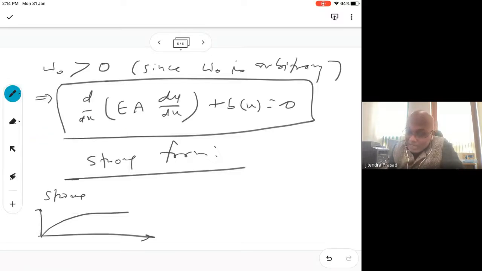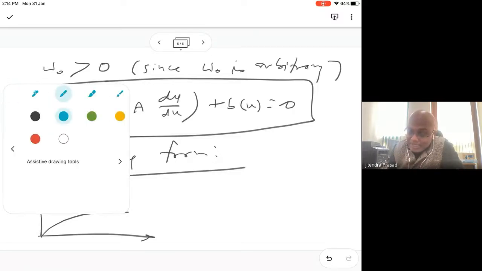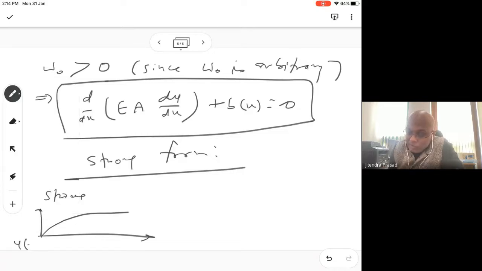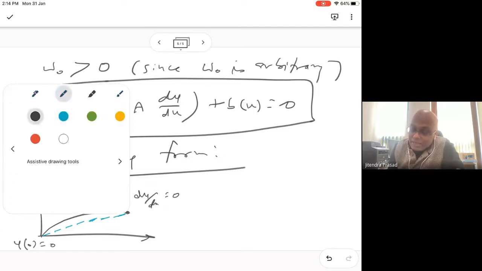And what we see in this case is u at 0 equal to 0, du over dx equal to 0. This is coming from the strong formulation. Now, if you look at, let us say, we have assumed a linear solution, and your solution is this line. Okay, now what happens here?